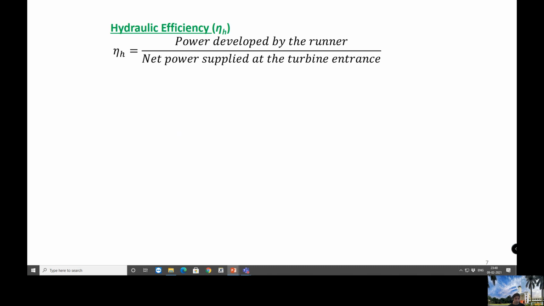Now there are certain efficiencies. The first one, which we will be calculating in our experiment as well, is hydraulic efficiency, which is power developed by the runner divided by net power supplied at the turbine entrance.